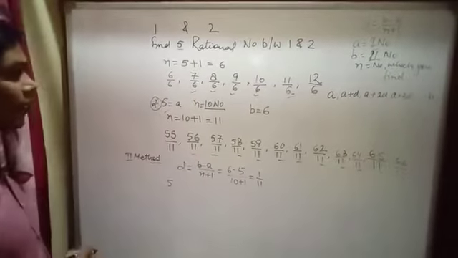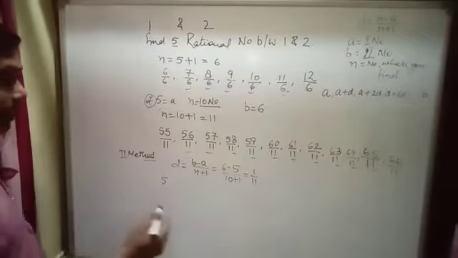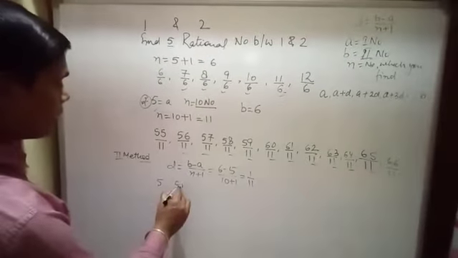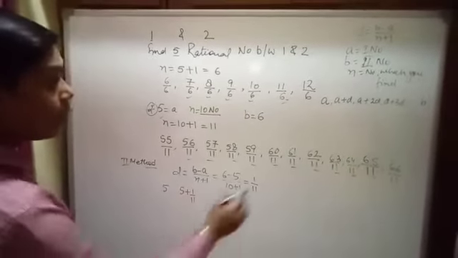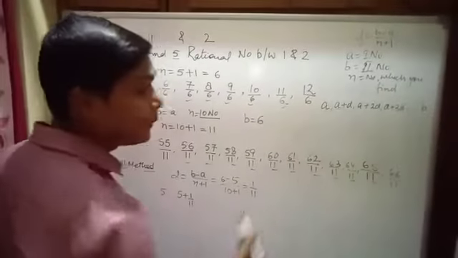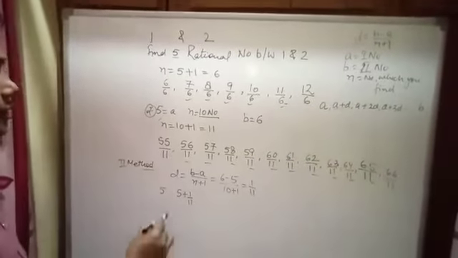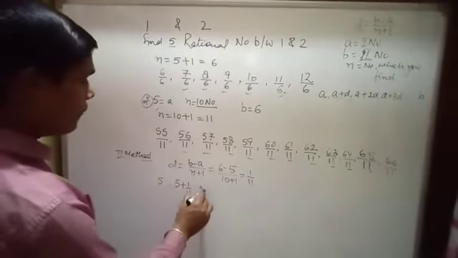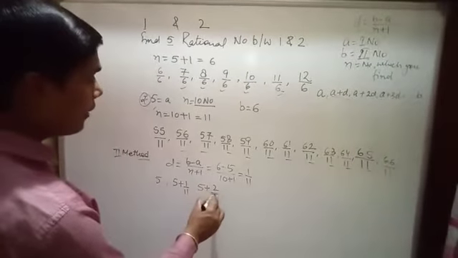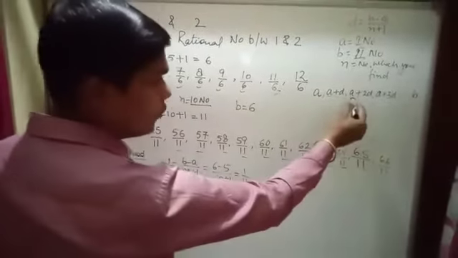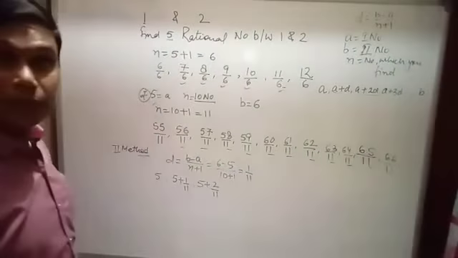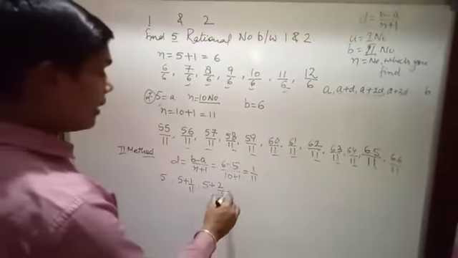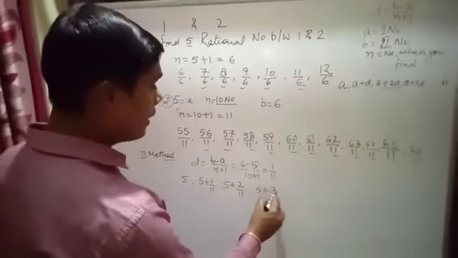The first number is 5. The second number will be 5 plus 1 by 11, according to A plus D, first term plus difference. The second term will be 5 plus 2 upon 11, we are using A plus 2D. The next is 5 plus 3 by 11.